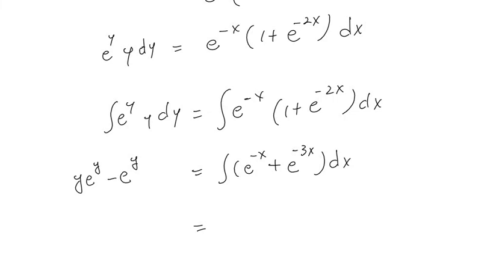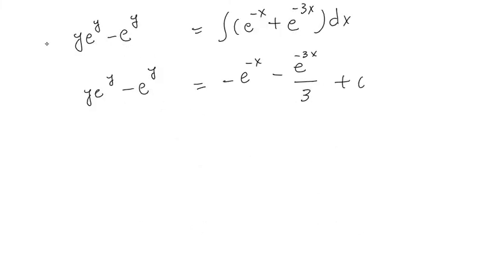So from here, if I take this integral separately, I will have minus e raised to power minus x, not plus, it should be minus, e raised to power minus 3x divided by 3, and constant, and on this side you still have minus e raised to power y.